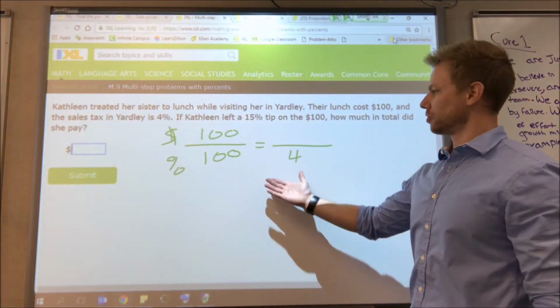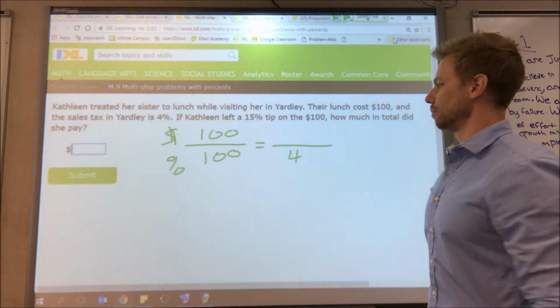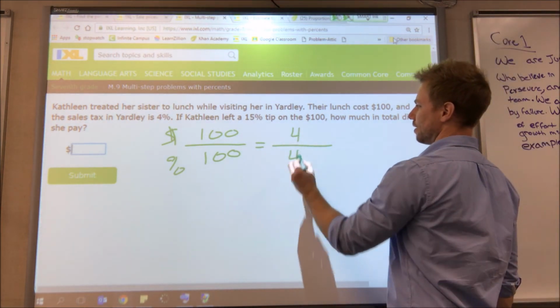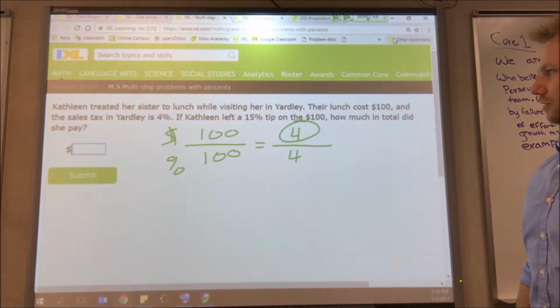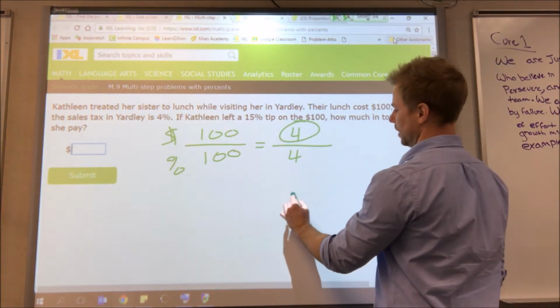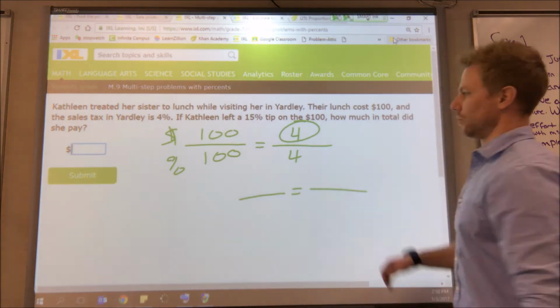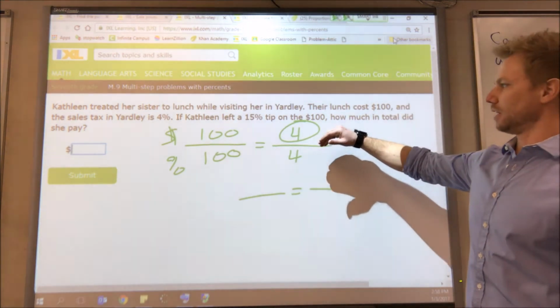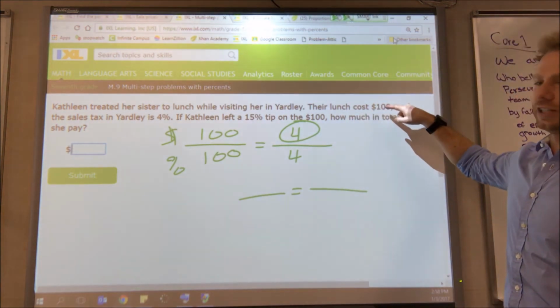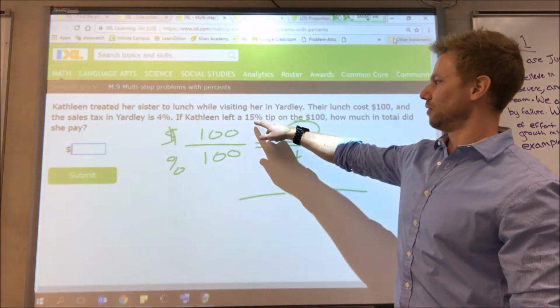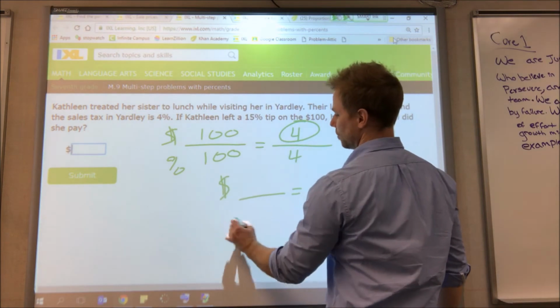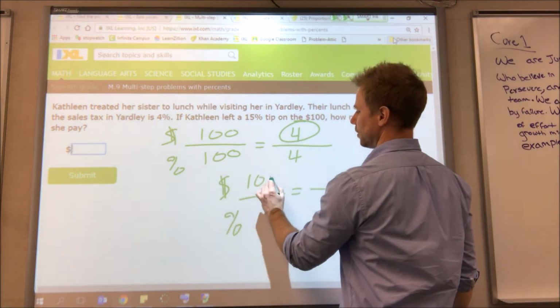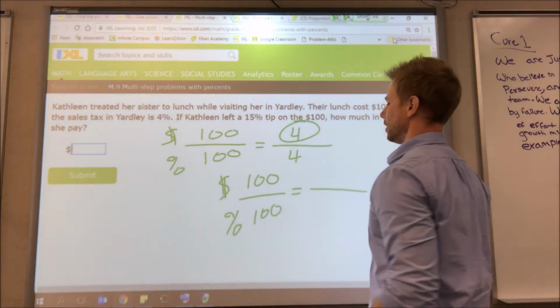Okay, and this is where proportions make it easy. If $100 is 100%, 4% is just going to be $4. That would be the sales tax. Now to find the tip. Now we're not going to use this number to figure out the tip. We're still going to use the $100 because it says she left a 15% tip on the $100. So our labels are still money and percent. $100 is still the original price.